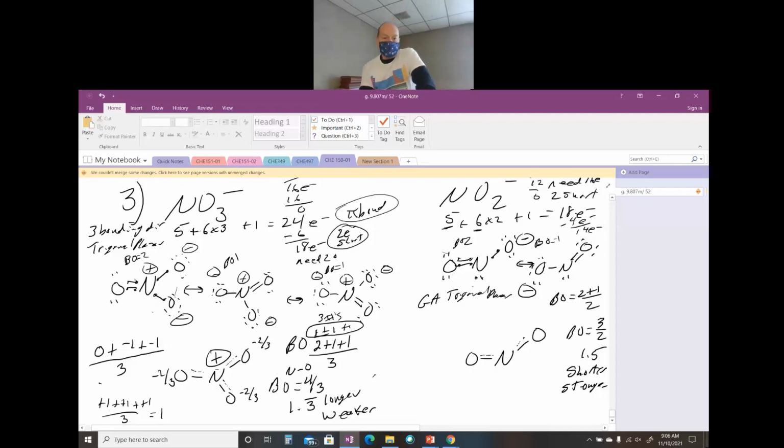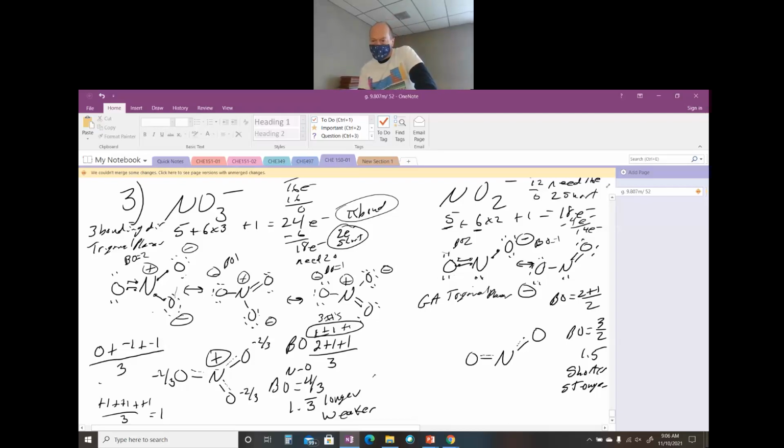Note that the overall is a negative. You have a plus and two minuses. A plus and two minuses gives you a minus. Here's a plus and 3 times negative 2/3. And negative 2/3 plus negative 2/3 plus negative 2/3 is negative 2. And so negative 2 plus 1 is negative 1.